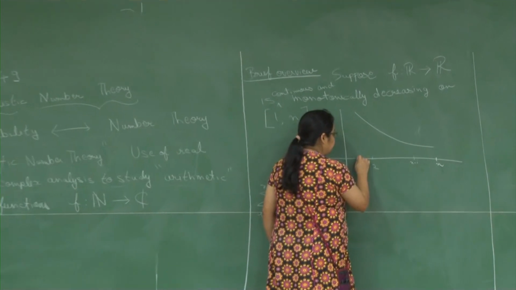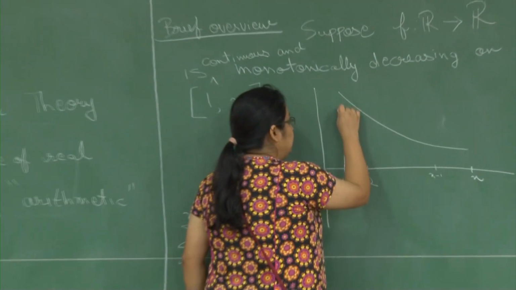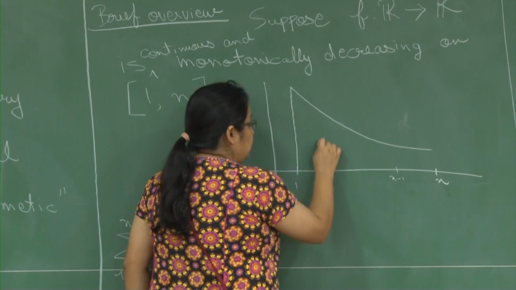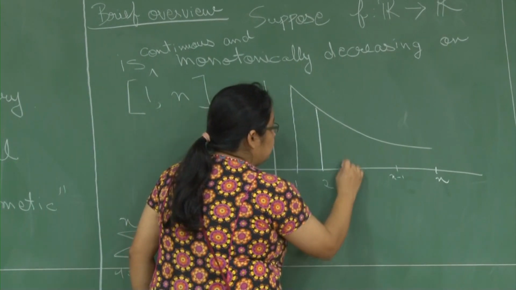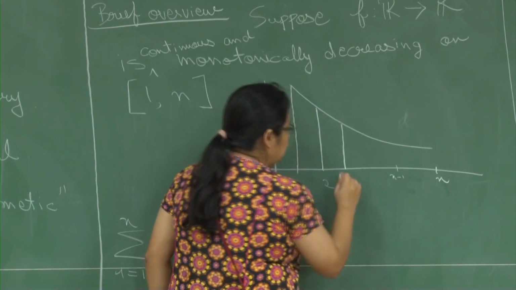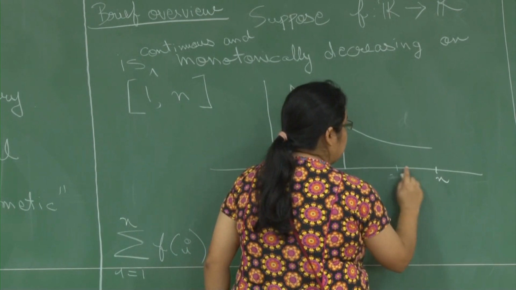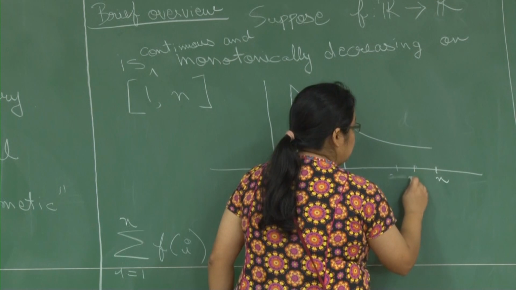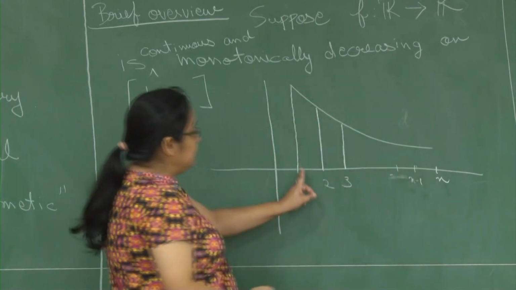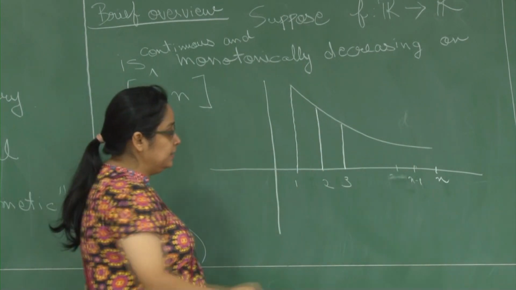Let us, for fun, just review it. So, basically what you do is you form rectangles of breadth 1. Okay.